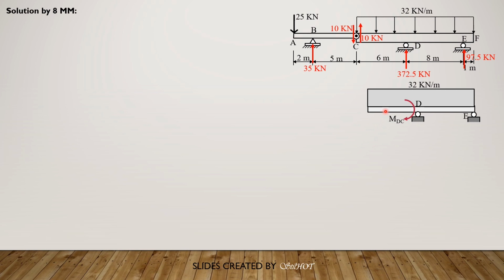We also have MDE and MED, and this is 16. So MDC is equal to 32 times 6 times 3 minus 10 times 6. So MDC is equal to 516 kilonewton meter. So that's why it's already presented here.